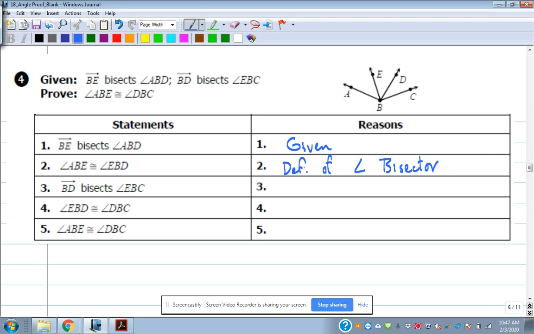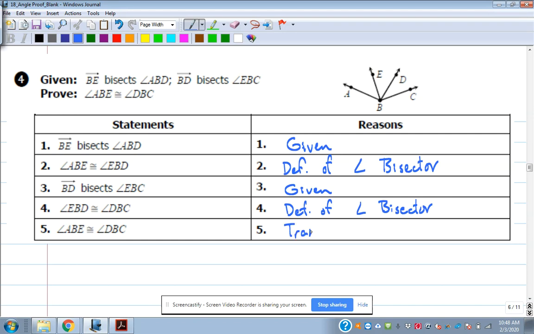And then number 3 is also in the given. And then EBD is congruent to DBC. Another definition of angle bisector. And then 5 should be, I heard somebody whisper it, transitive.